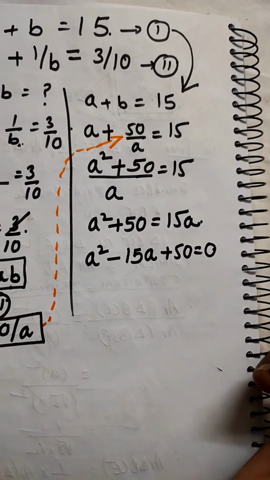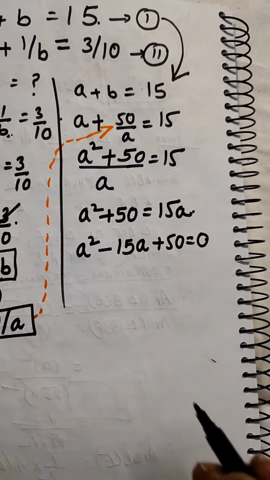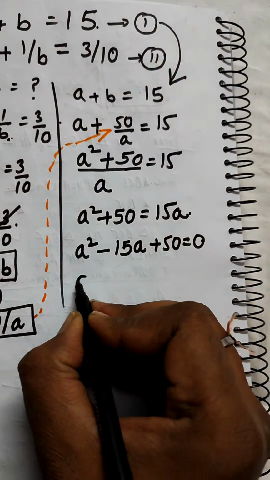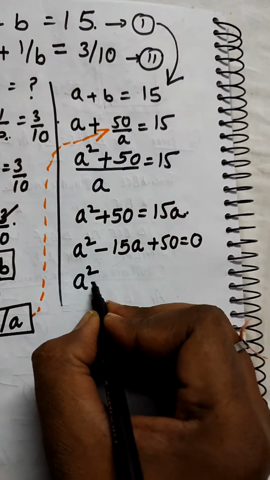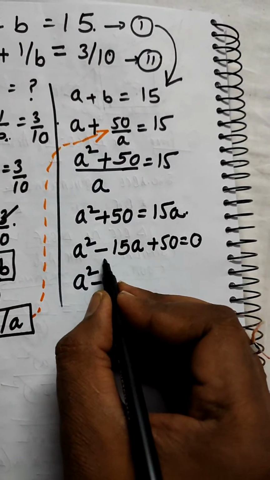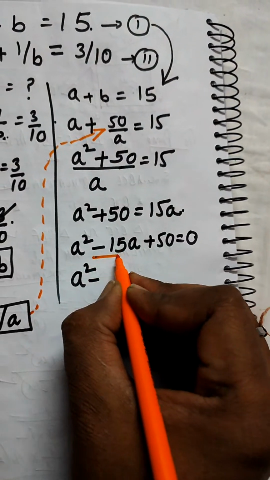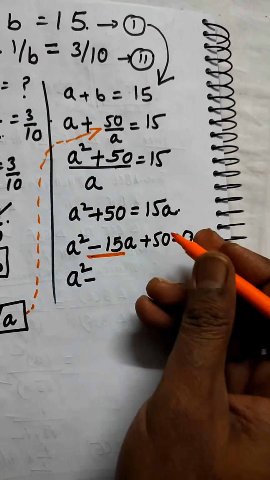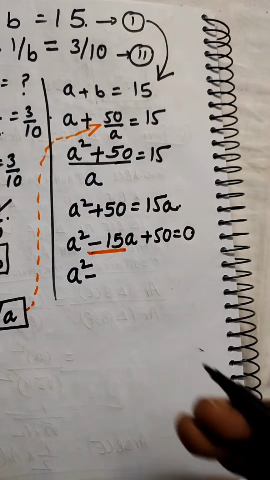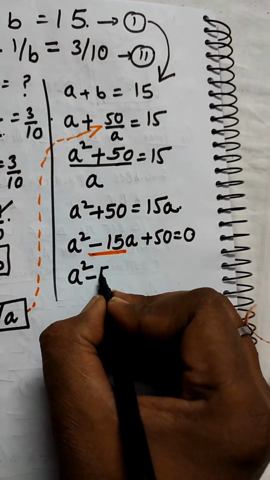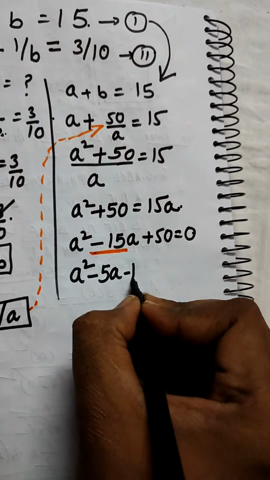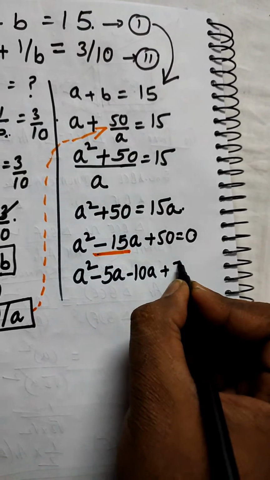Now what we will do, just split this middle term. The middle term is minus 15. So can't we write it as A square minus 5A minus 10A plus 50?